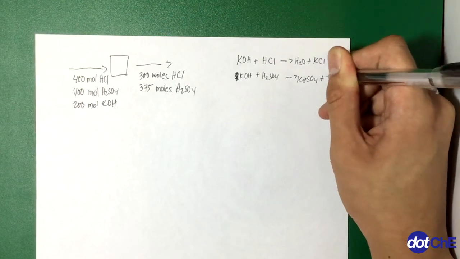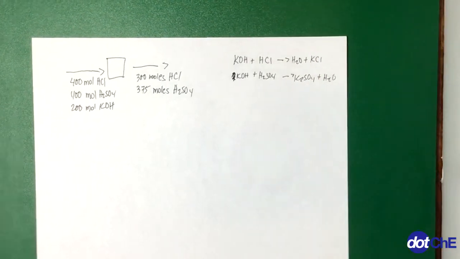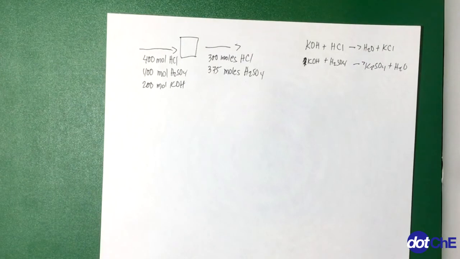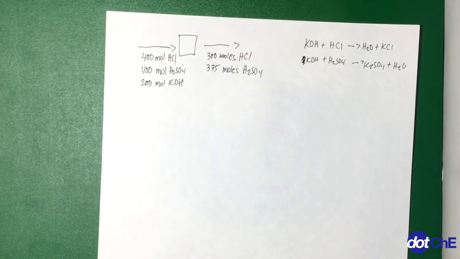K2SO4 plus H2O. Now, the first thing you need to do in an atomic balance is to determine which are your atomic species. Your atomic species do not necessarily have to be atomic elements, but they have to be conserved throughout the reaction.